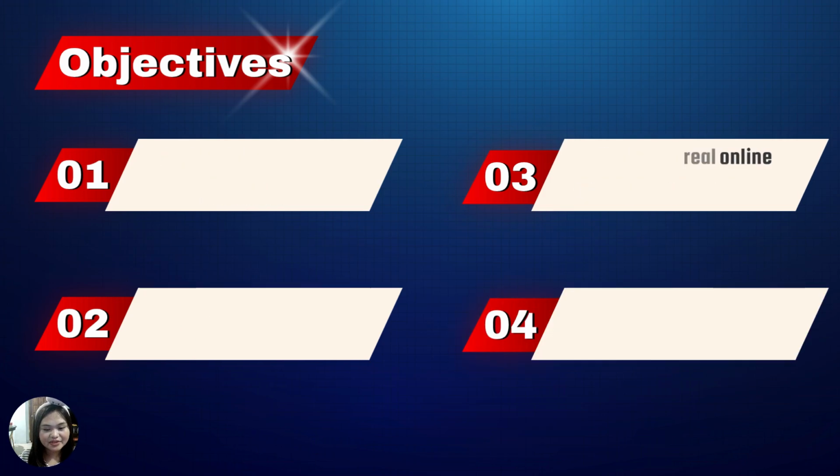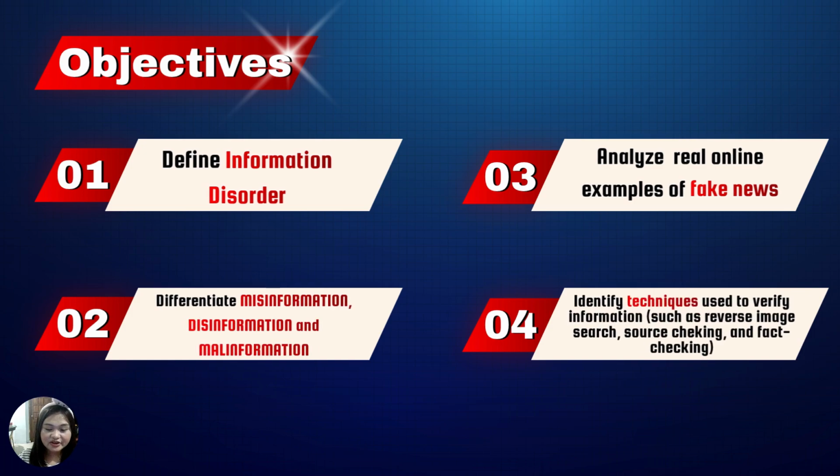And lastly is to identify techniques used to verify information. These techniques are the reverse image search, source checking, and fact checking. So now that we know our goals for this lecture, let us first understand what information disorder really means.